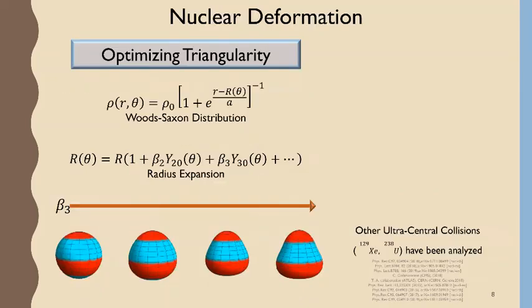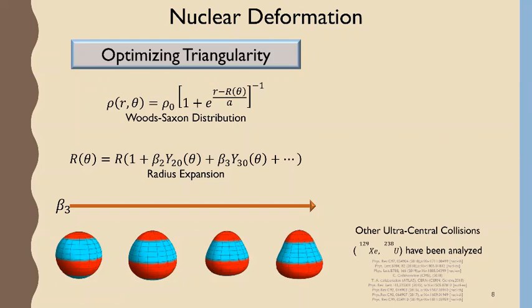One way of doing this would be optimizing triangularity. We can do this by taking the deformed Woods-Saxon distribution and looking at the radius expansion and specifically the beta 3 parameter, where as you increase beta 3, you get a more triangular deformation to your nuclei.